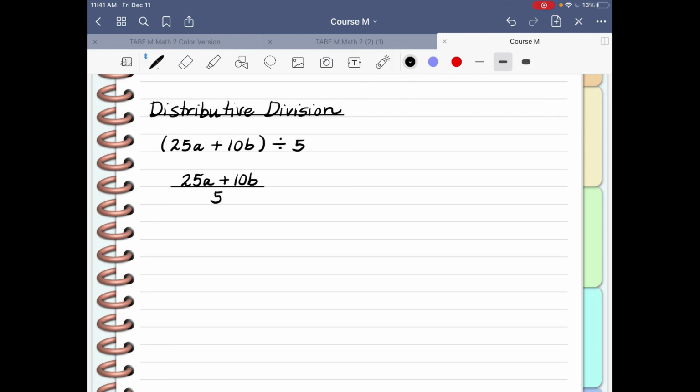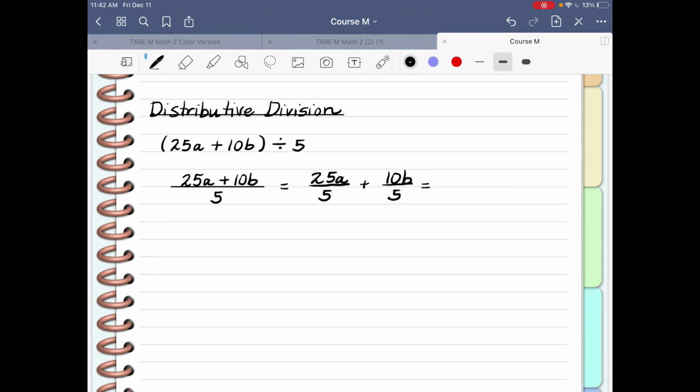Those are exactly the same things. The bottom way is the proper way for algebra. So then I'm going to distribute my division. So I have 25A over 5 plus 10B over 5. So I break it apart. And then we need to go ahead and simplify as far as we can. And let me just follow the form that I used. That's going to keep us consistent.